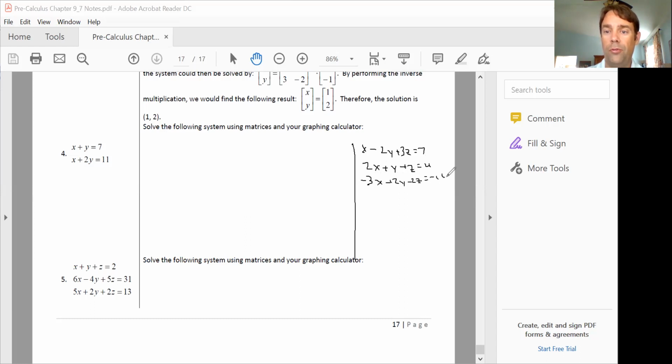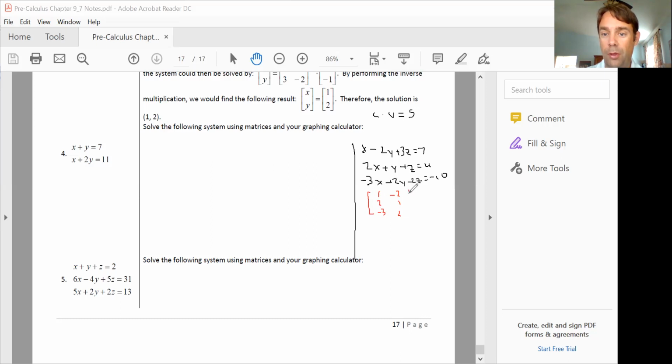So what we're going to do, usually we do an augmented matrix. We're not this time. What we're going to do is we're going to have a coefficient matrix times a variable matrix, and equal to a solution matrix. So we're going to take all the coefficients on the left-hand side, and we are going to write them together. So we have 1, 2, negative 3. Those are all my x's. I got negative 2, I got 1, and I got 2. Those are all my y's.